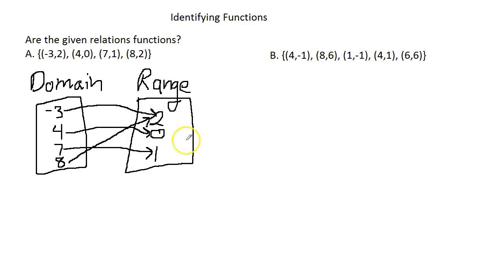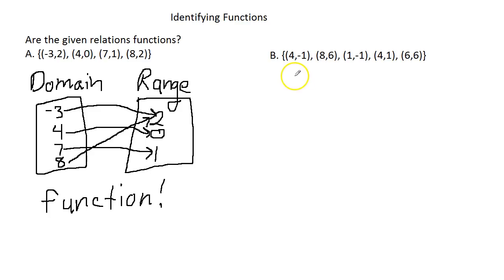It is okay if the outputs repeat, but the inputs cannot repeat for this to be a function. Since no one input gave more than one output, we can conclude that this is a function.